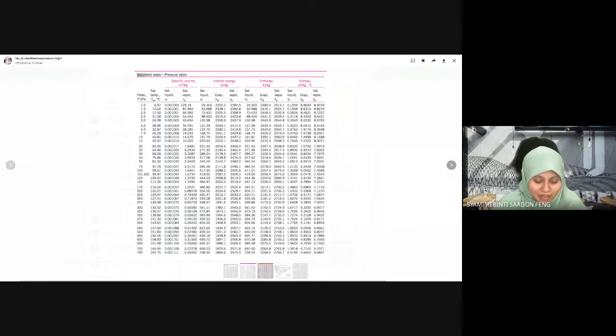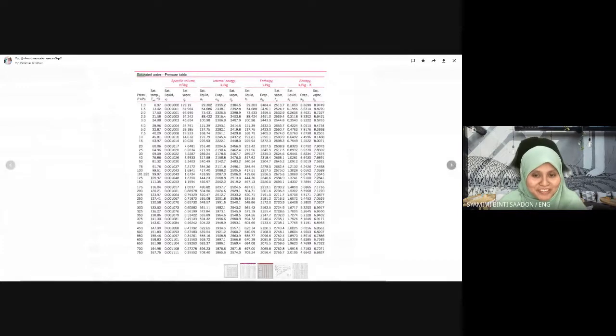Okay, so no, boundary work is already in the enthalpy. So actually tak payah klik dah, because we already included it.